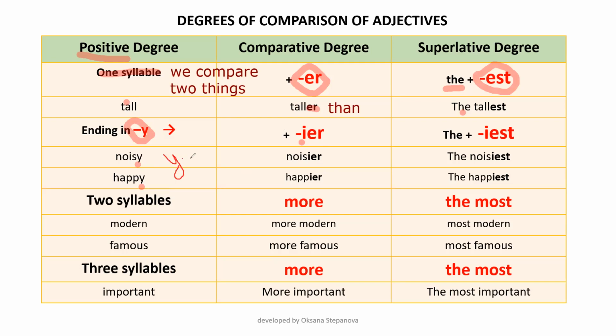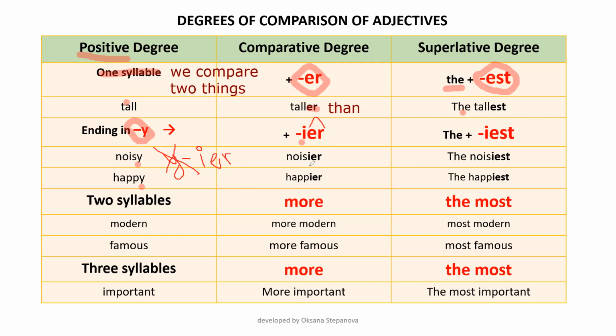The y simply becomes i, and there is no more y. It's gone. And i gets its friend er. And i always comes together with er. So you get noisier.